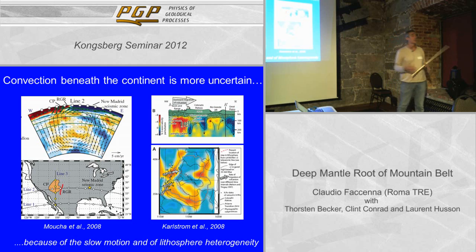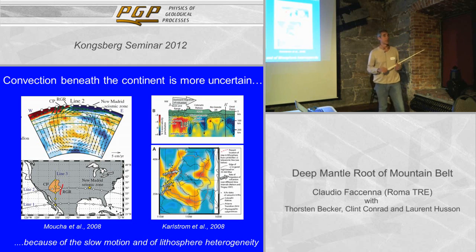Because of the inherent and intrinsic heterogeneity of the continental lithosphere, and because it's moving slowly, the pattern of convection beneath the continent is more uncertain.